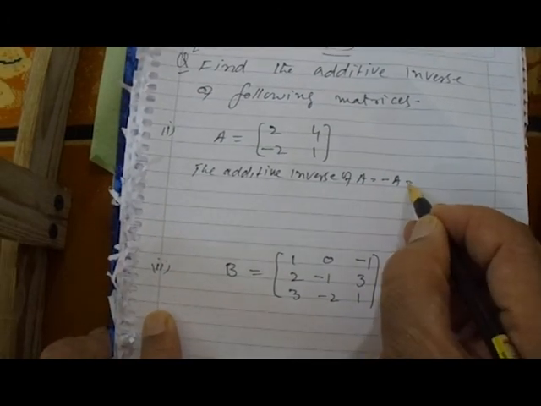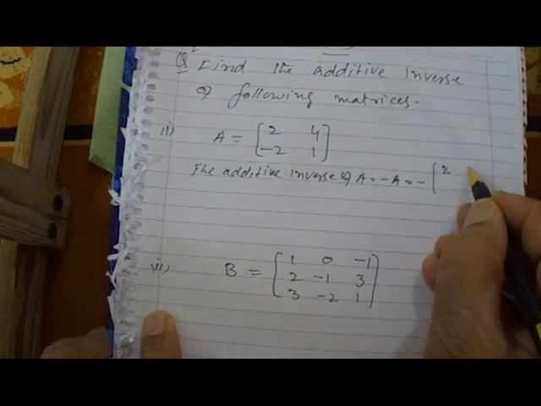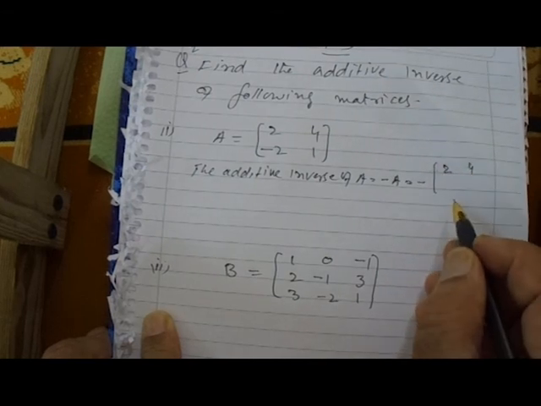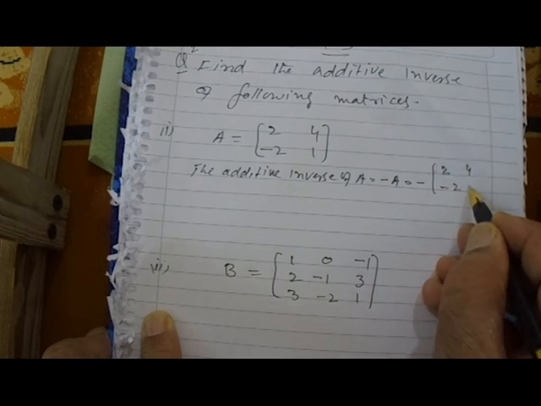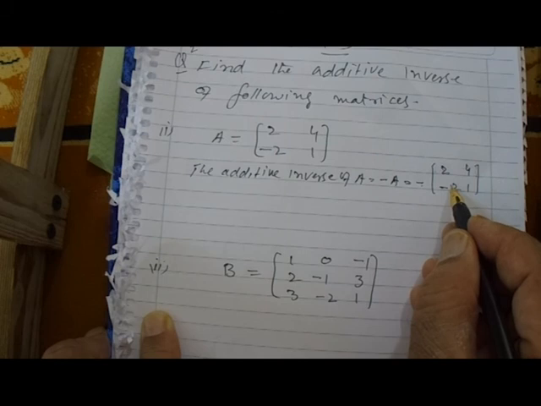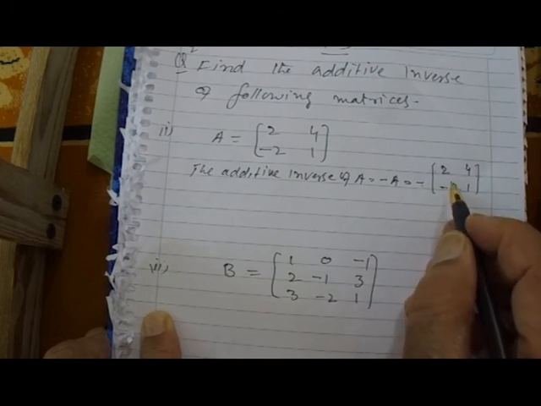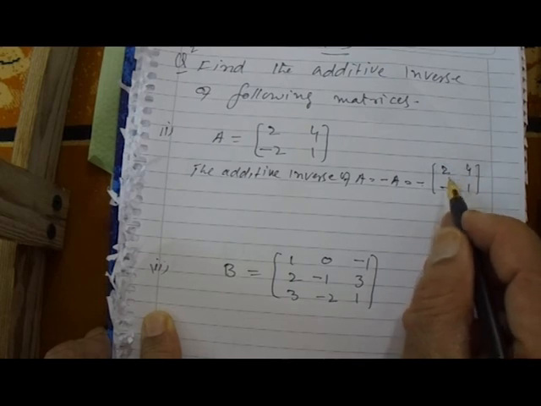Now minus A, we write here minus, and here A matrix is 2, 4, minus 2, 1. Now we multiply this minus with this matrix. This minus multiplies with each element present in this matrix.